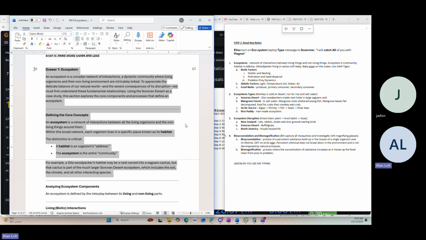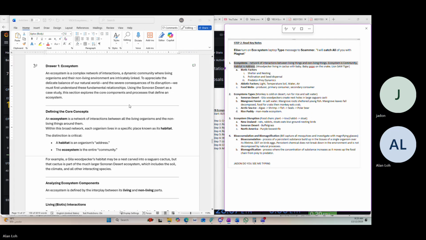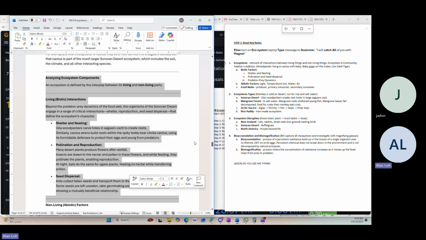Which drawer? 1. Good. Which part of drawer 1? How, this part, the very first part, right? Okay, next. Let's read this.